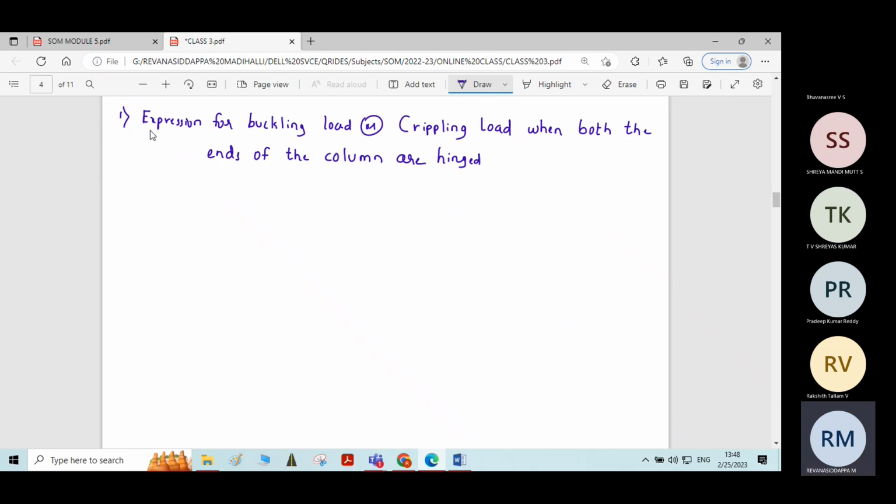Okay, we'll derive the equation for the buckling load or the crippling load when both the ends of the column are hinged. Okay, this is the first case. Now write the diagram for the same.